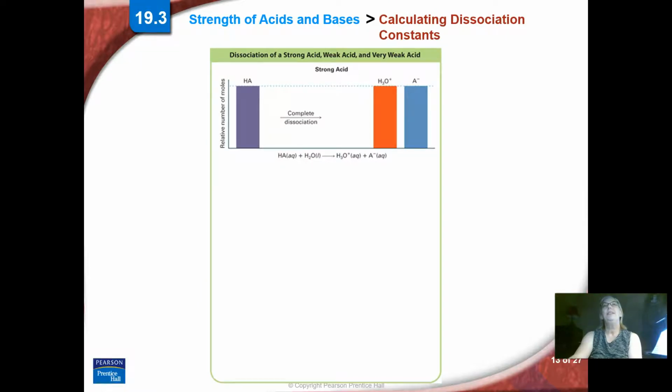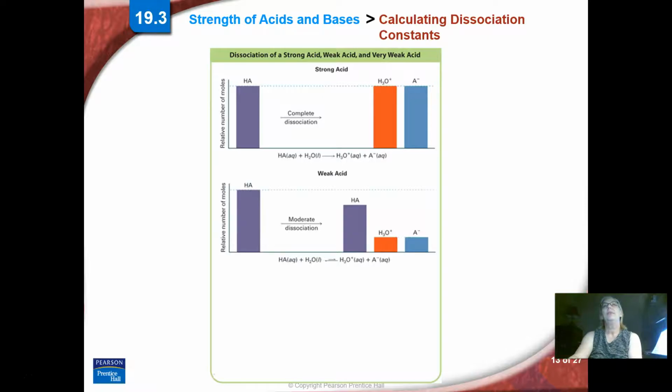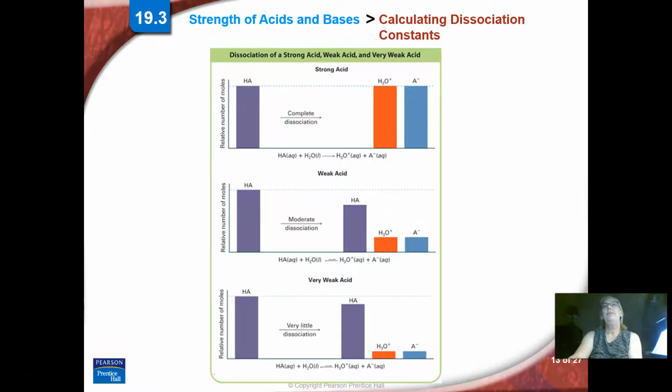If we have a strong acid, we completely dissociate to products. With a weak acid, we get some products, but some beginning acid is left over. And with a very weak acid, very much of the beginning acid is still unionized, and we have a little ionized.